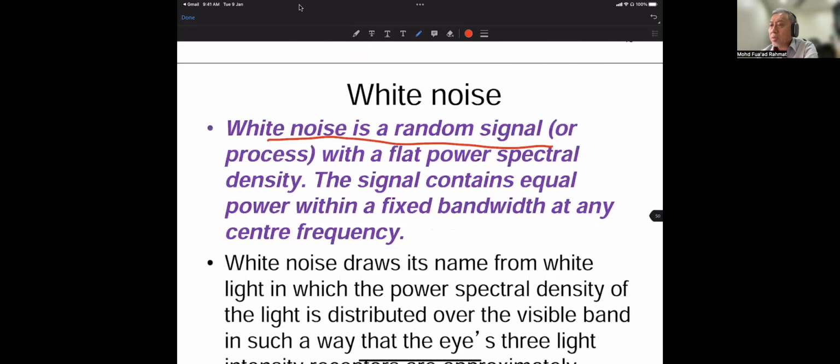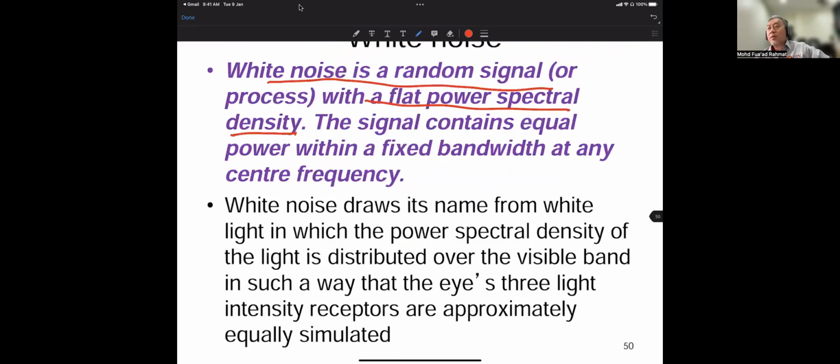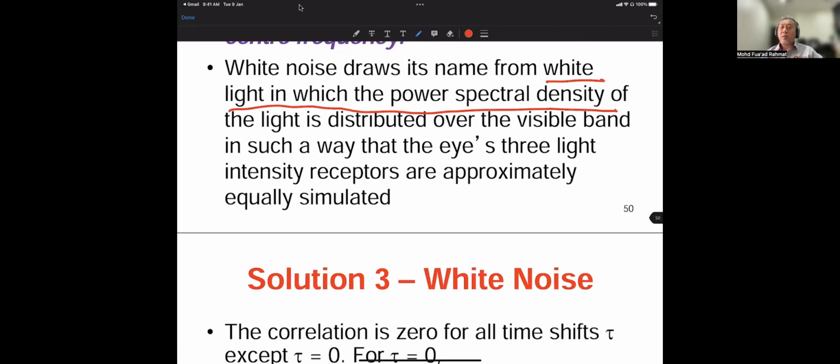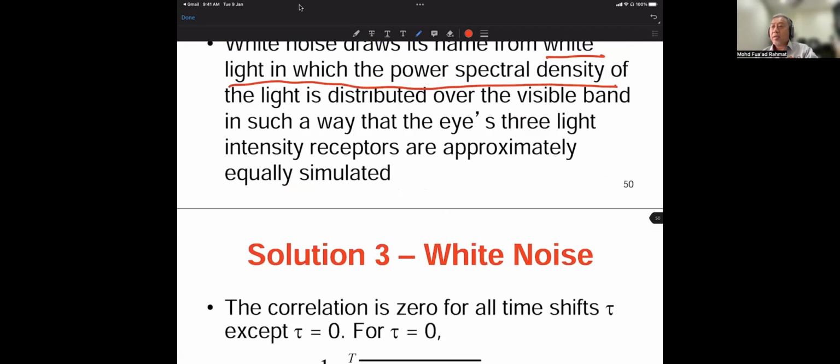The signal contains equal power within a fixed bandwidth at any center frequency. It draws the name from white light, in which the power spectral density of the light is distributed over the visible band in such a way that the eye's 3 light intensity receptors are approximately equally stimulated.